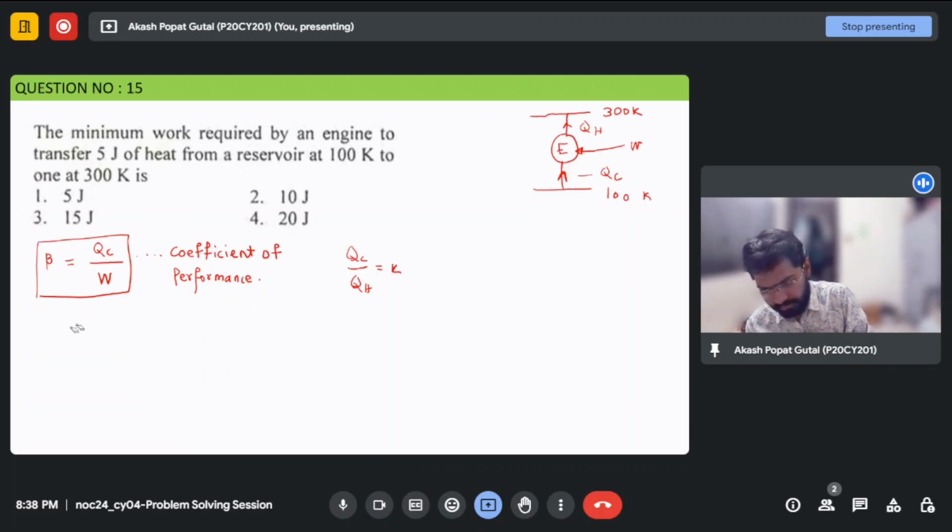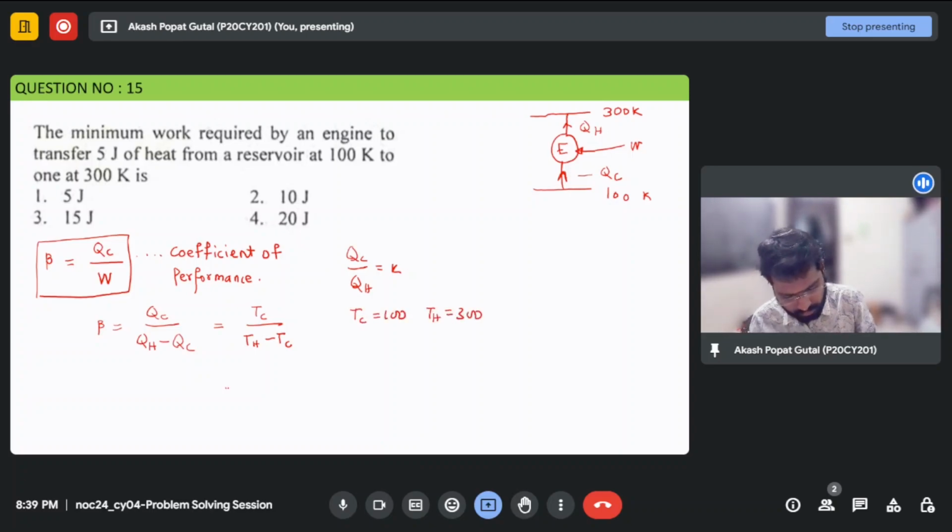So the coefficient of performance beta is QC by QH minus QC, which is equivalent to TC by TH minus TC. In the question TC is 100 and TH is 300, so beta is 100 divided by 300 minus 100, which is 100 by 200, nothing but 1 by 2.